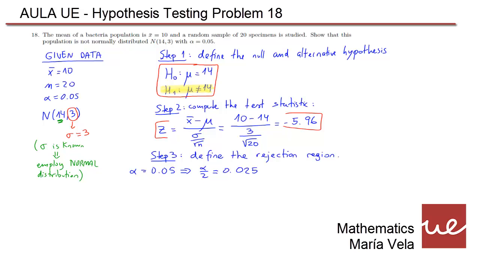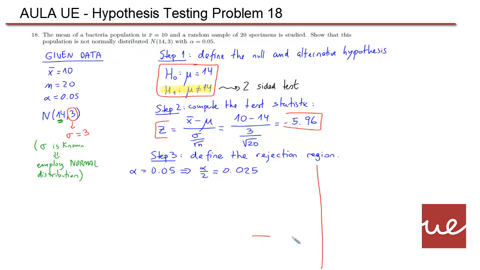Okay, we have two different parts for the rejection region. So what we have to do is just make a sketch of the rejection region. Let me just plot it here. We just draw the normal distribution curve, and we just need to calculate the values for the rejection region.